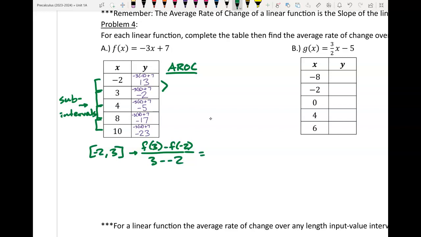F of 3, that is negative 2. F of negative 2 we said was 13 over 3 plus 2. What's negative 2 minus 13? Negative what, guys? 3 plus 2? All right, negative 15 divided by 5.